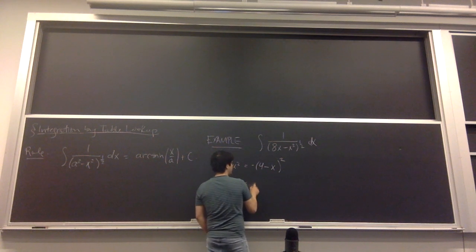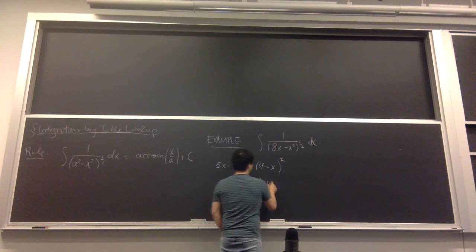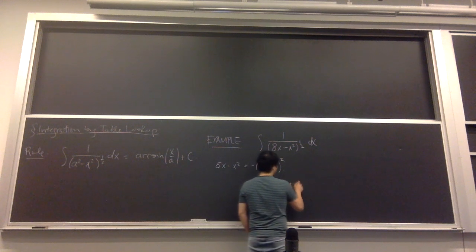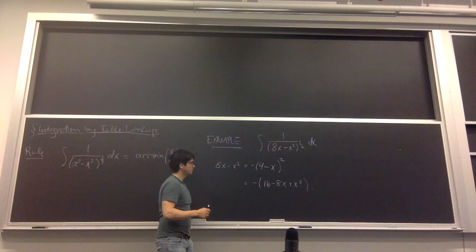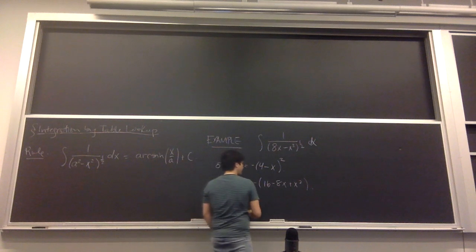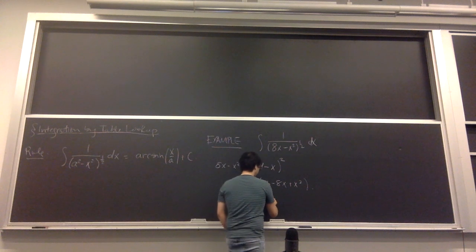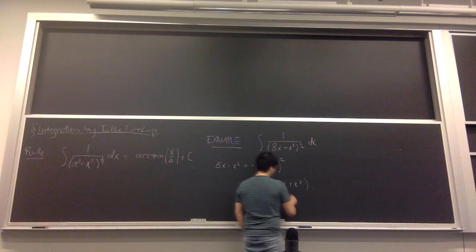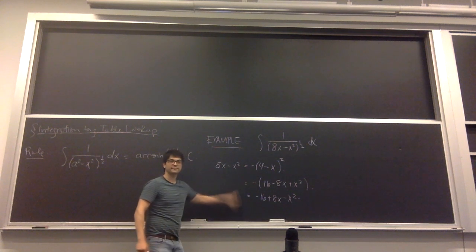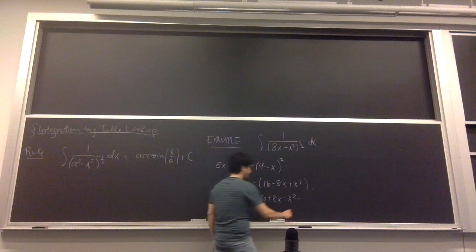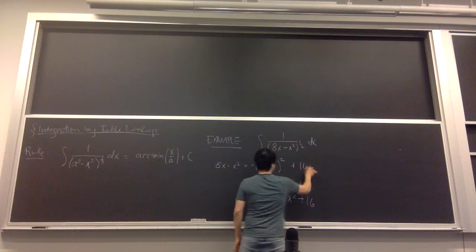If I expand this, you're going to get minus 16 plus 8x minus x squared. So I'm a little bit off. What am I off by? 16. Yeah, so I have to add 16 to this.